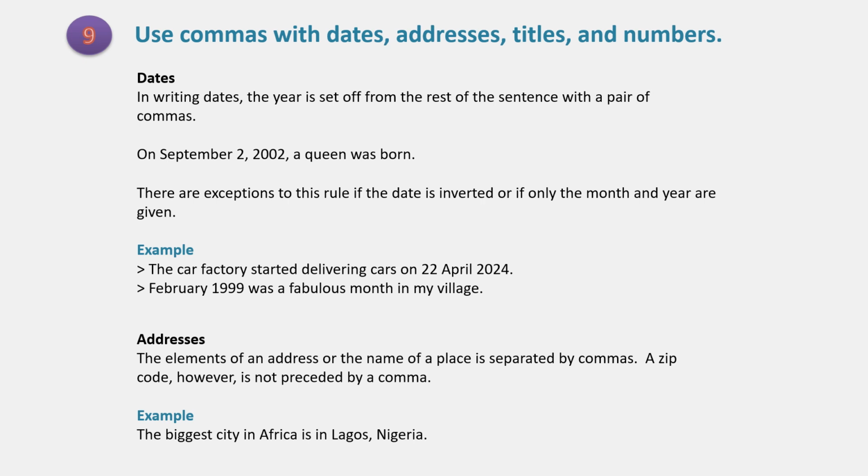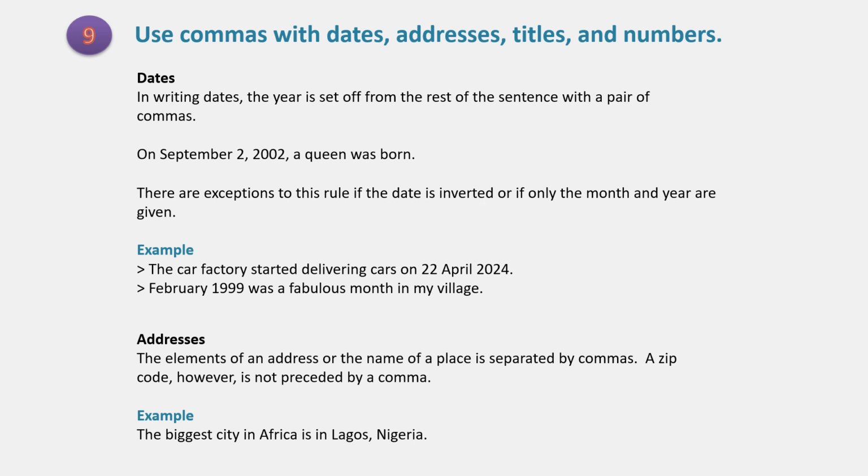But there are exceptions to this rule if the date is inverted or if only the month and the year are given. For example, the car factory started delivering cars on 22 April 2024. The second example, February 1999 was a fabulous month in my village.